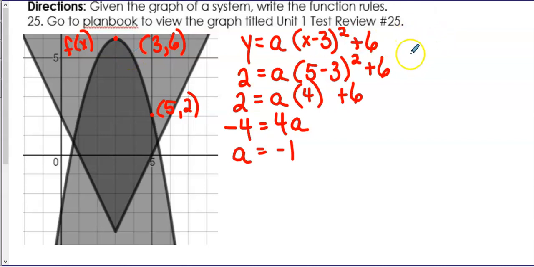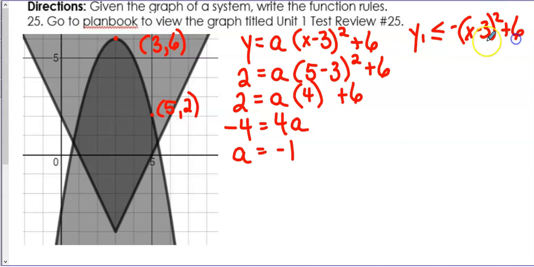But you know what, instead of f of x, let's do just y sub 1. So y sub 1 is less than or equal to, and then we'll put our original equation with our -1: negative (x minus 3) quantity squared plus 6. So that's our first inequality that goes in here.